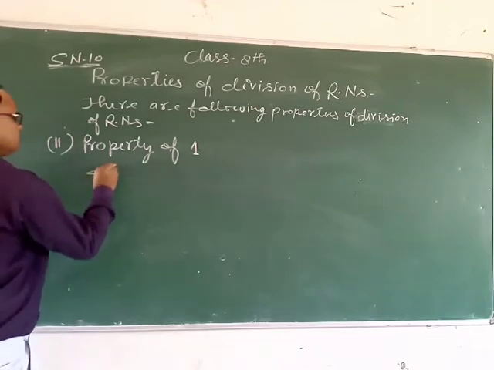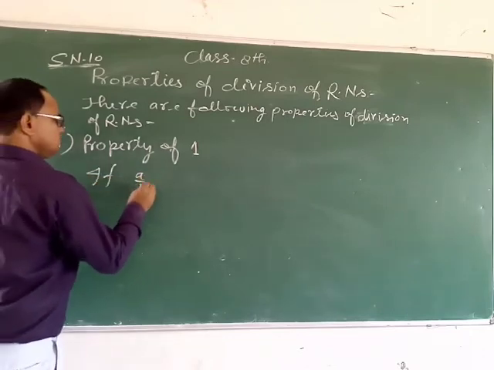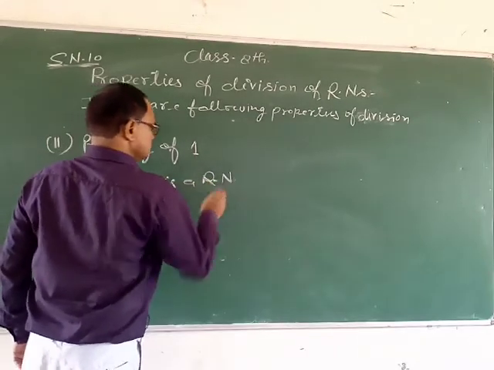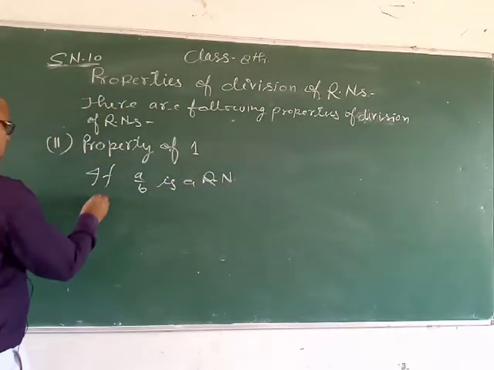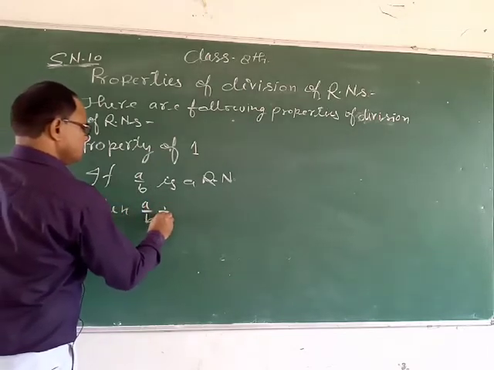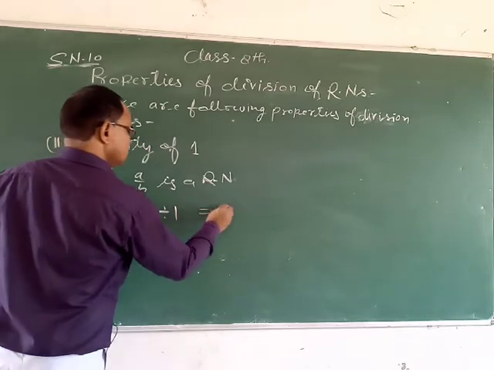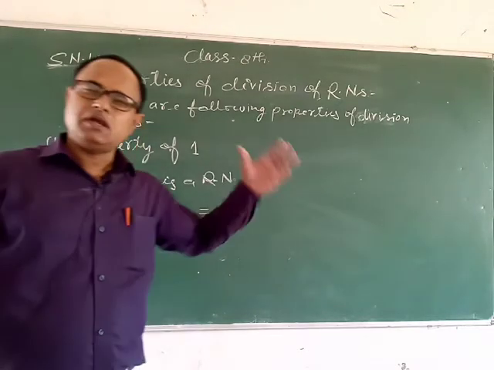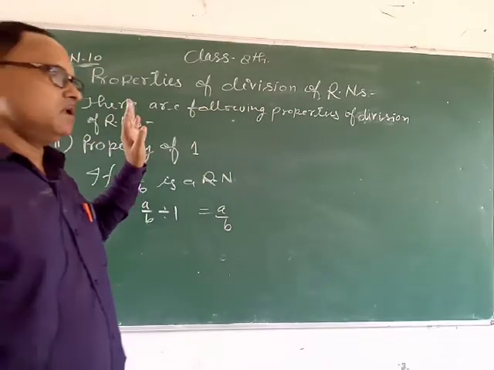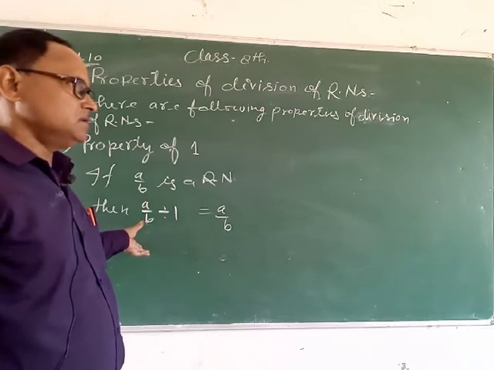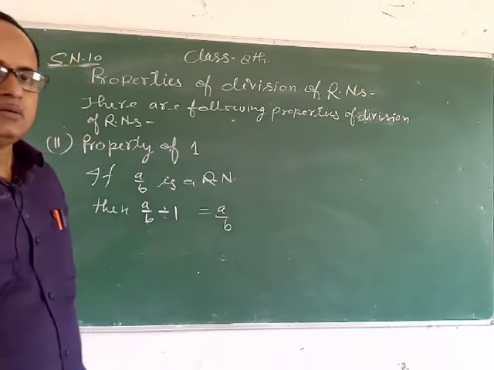If a/b is a rational number, then a/b divided by 1 gives a/b. There is no difference. If any rational number is divided by 1, there is no difference. We get the same value.